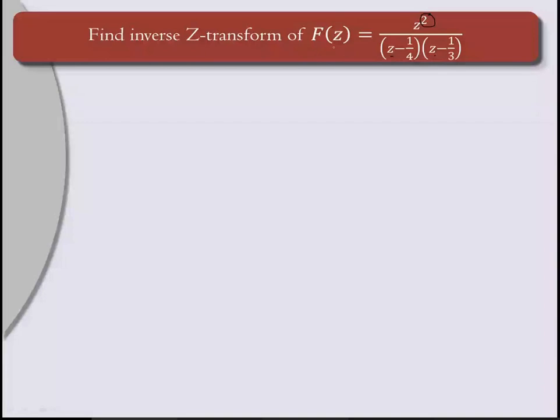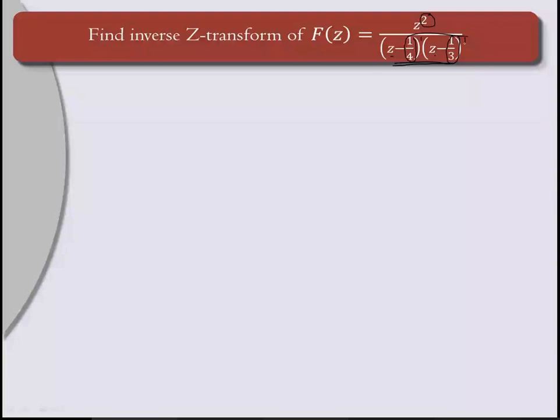Now for the inversion integral method, what we need are the poles of f of z, that is, the values of z for which the denominator becomes 0. Denominator becomes 0 for 1 by 4 and 1 by 3, and the power of each term is 1.